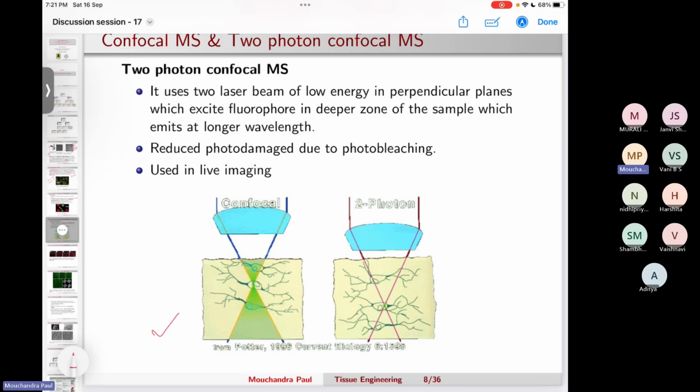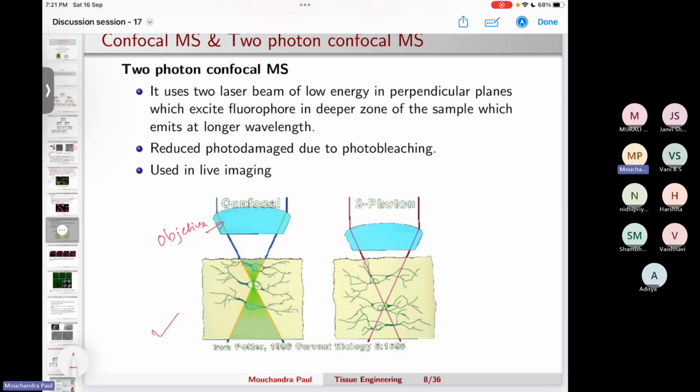If you use only one laser, and this blue color is an objective lens that is basically converging the light rays, when you're using single photon or a single laser, then the depth up to which your light can reach into your sample reduces.